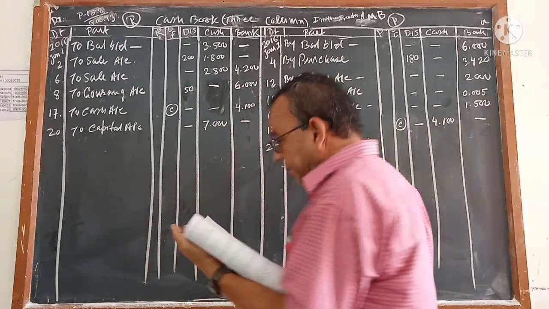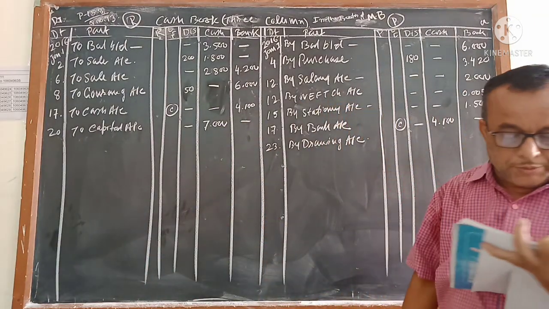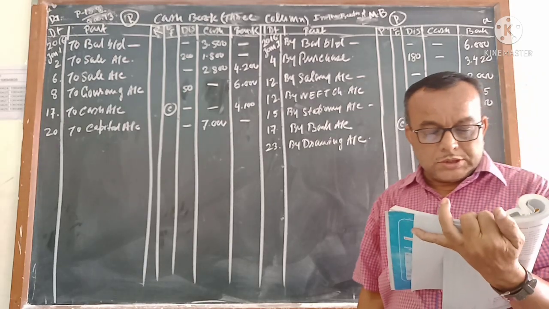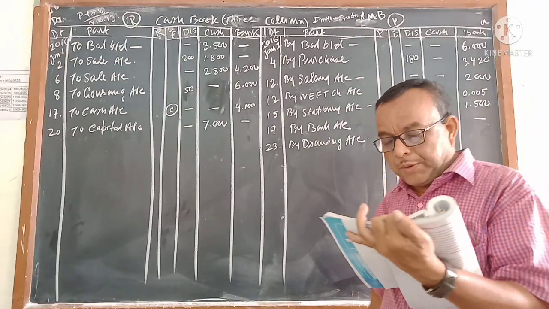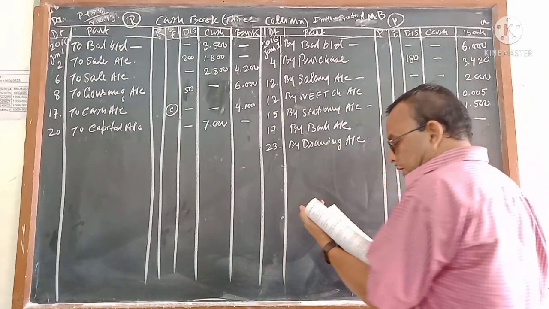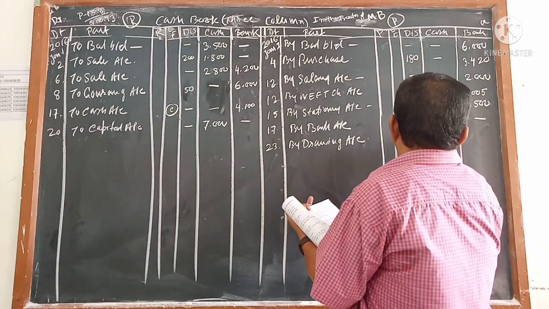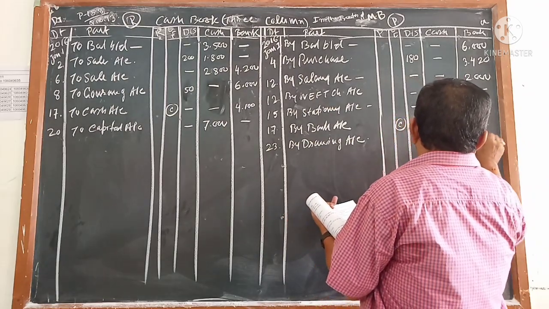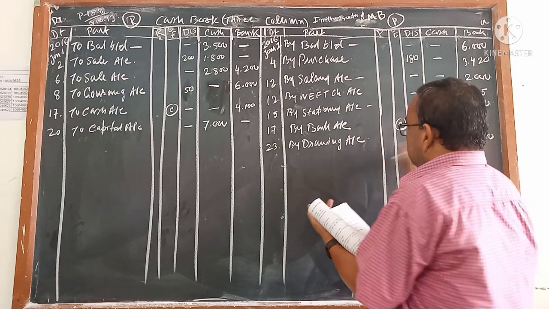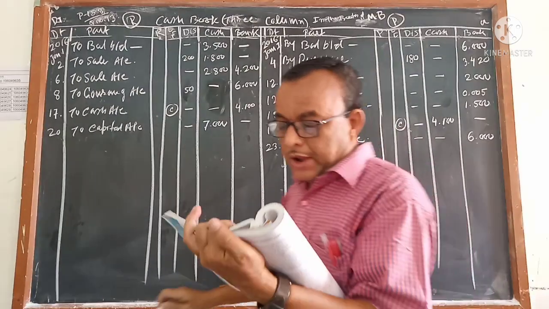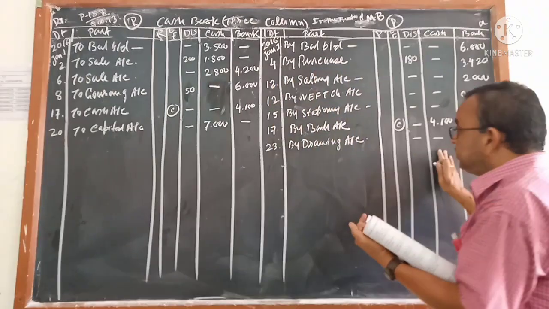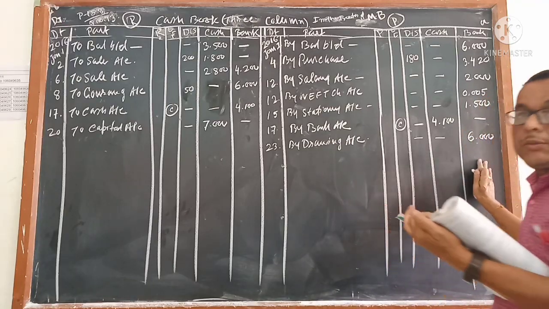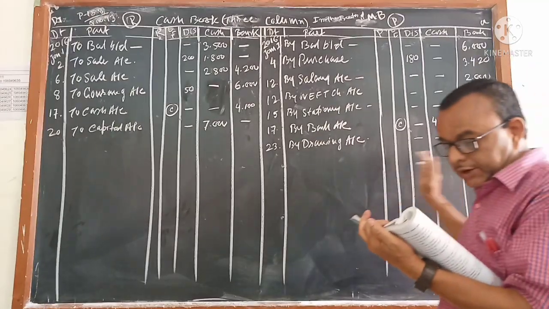Money you have taken from the bank, so this is the bank column. 6,000 will go there because you have taken the money from the bank. If you had taken the money from the business, it would come in the cash column.